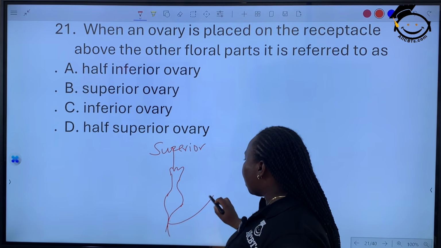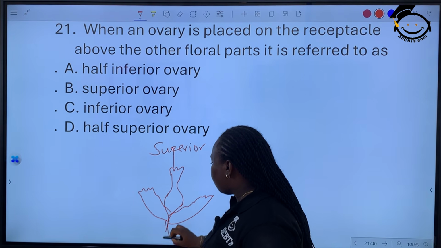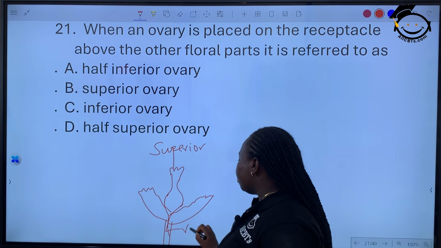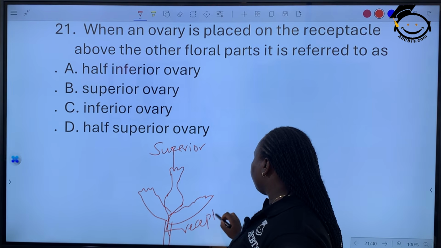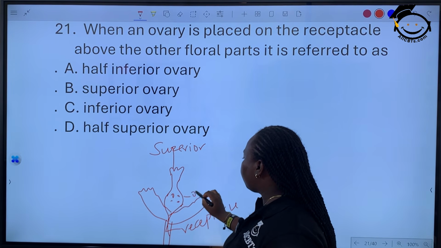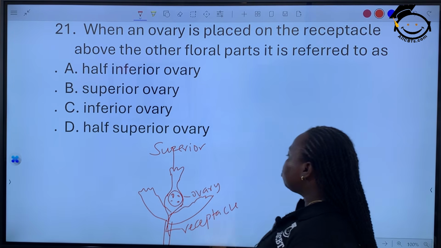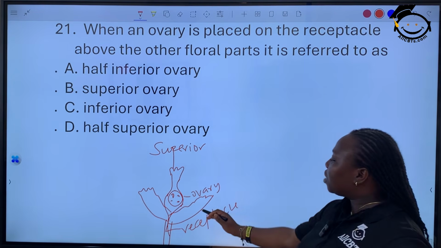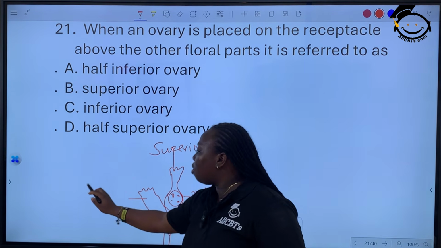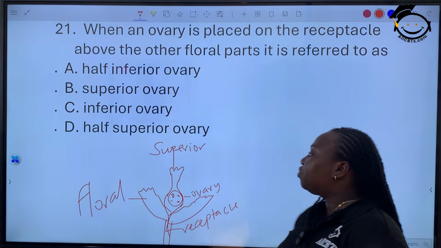Here you see your flower. This is your receptacle. This is the ovary. So in this superior, you can see that the ovary is above the floral parts.